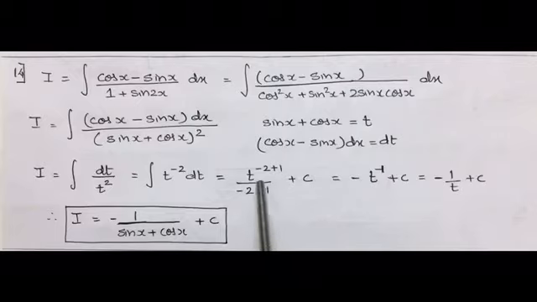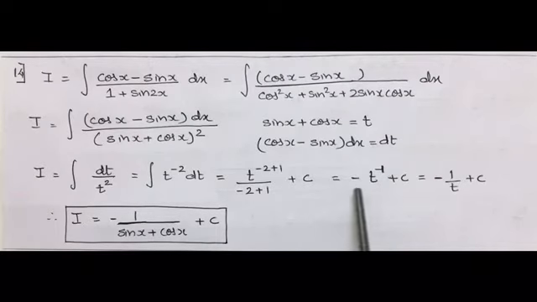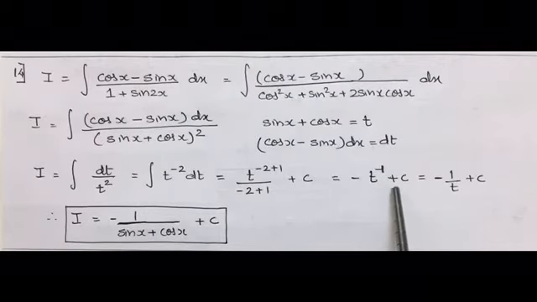Now operating this, we get here minus t raised to minus 1 plus c, because minus 2 plus 1 gives minus 1, and minus 2 plus 1 gives minus, so plus c we get as the integration after calculation of powers. Now t raised to minus 1 is expressed as minus 1 upon t plus c.